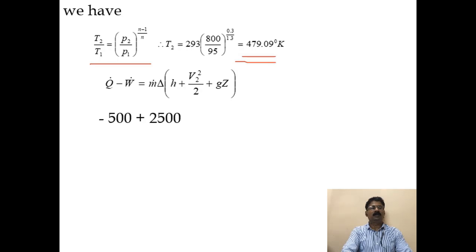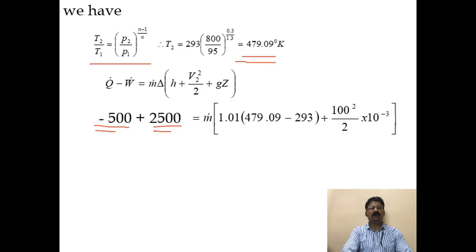So Q is the heat loss, 20% of 2500 is 500, so it is minus, and work developed is 2500 is plus, so is equal to m dot into, so delta H is Cp delta T, V2 square by 2 is 100 square by 2 into 10 to the power minus 3, or you can divide it by 2000 also. So there is no mention of the potential energy, so GZ term is not considered.